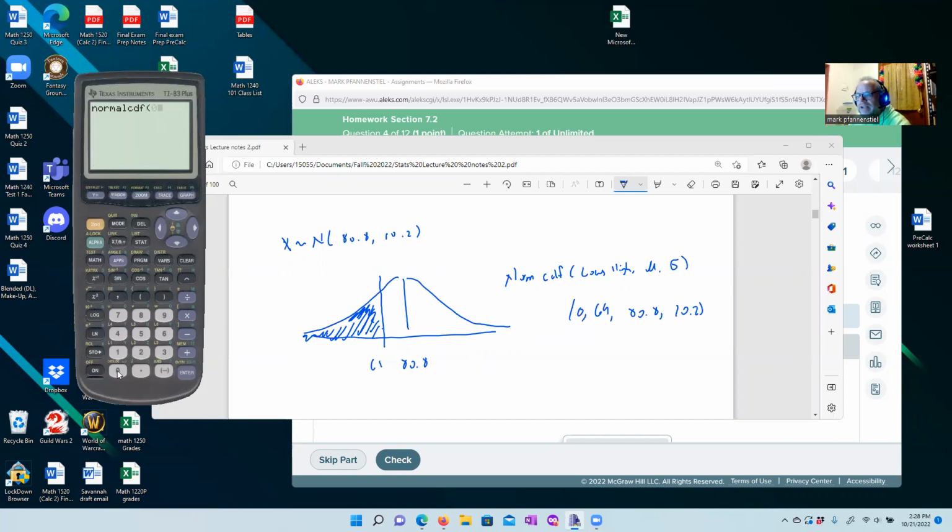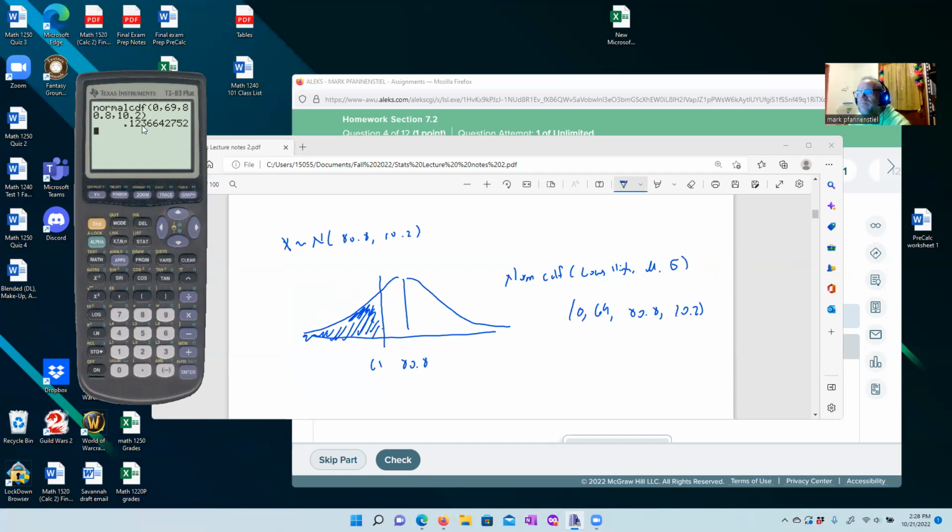We're just going to type in a 0, then 69, and then our mean is 80.8, and our standard deviation, 10.2. Then we'll enter that.